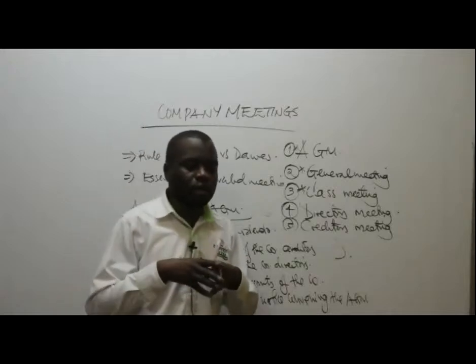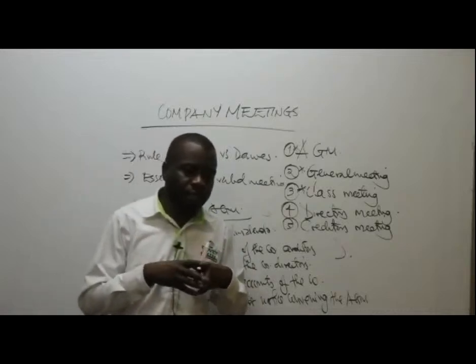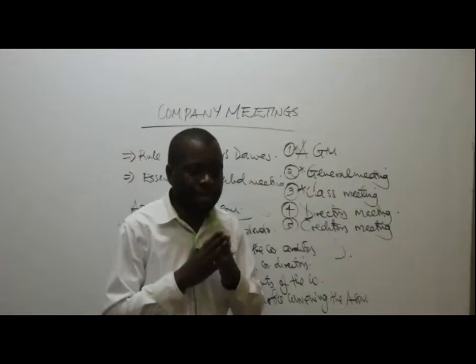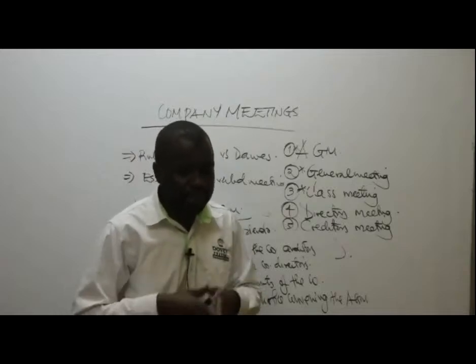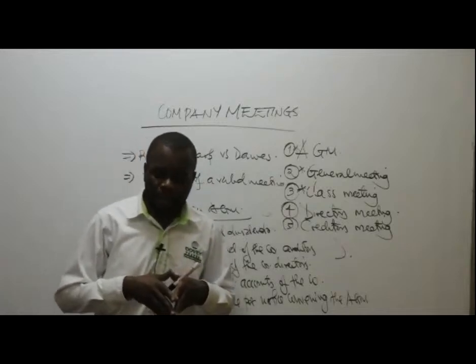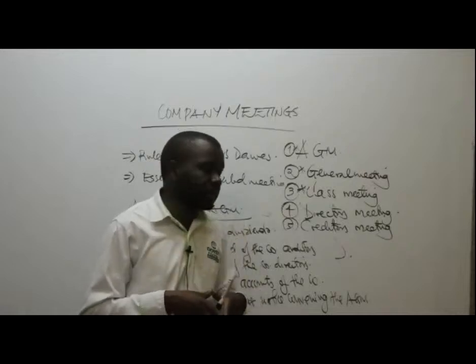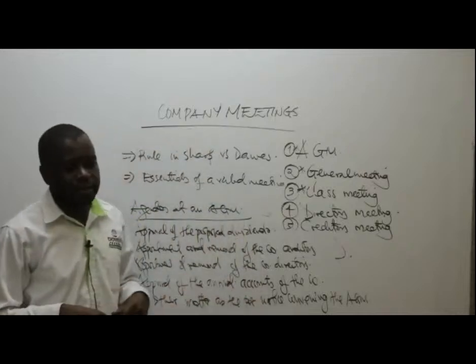We said you can have ordinary shares, you can have preference shares. It simply means that the holders of ordinary shares enjoy similar rights in the company. They can decide how much they are going to get as dividends. So at the AGM, they can decide how much they are going to be paid as dividends.